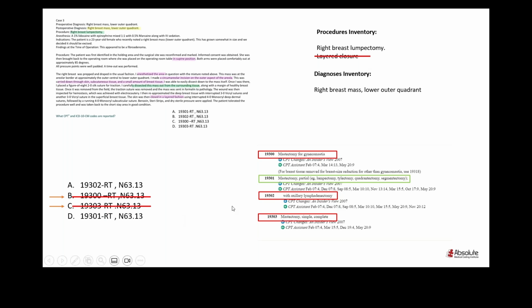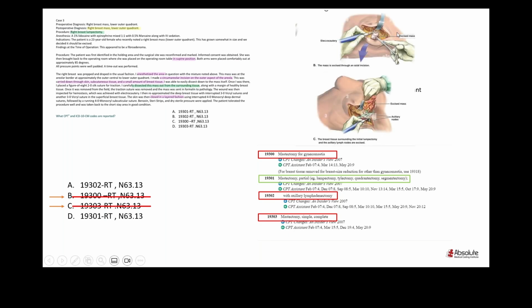So 19302 is incorrect because that is coding for a partial mastectomy along with axillary lymphadenectomy. With this image, I will help you understand the difference between 19301 and 19302, because there were a few answers coming up for 19302 as well. So you can see what happens in 19301. Let me just take out my pointer.